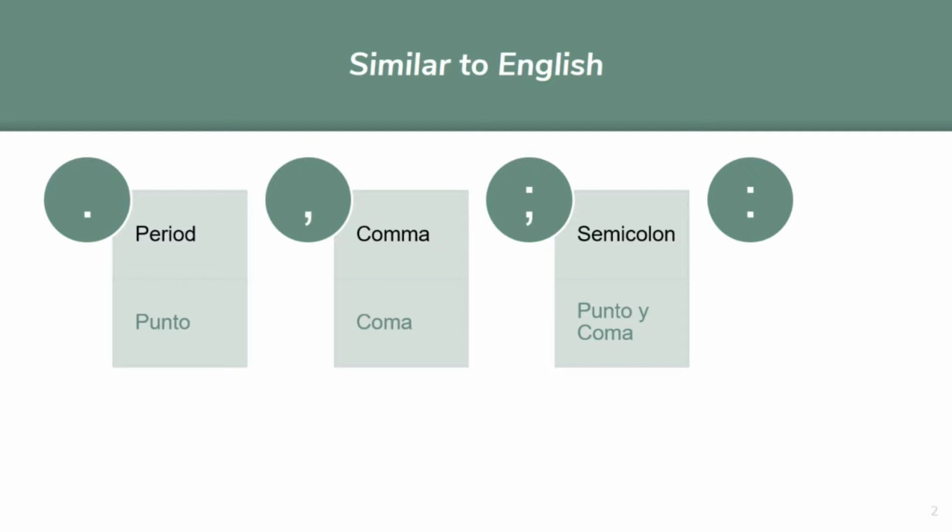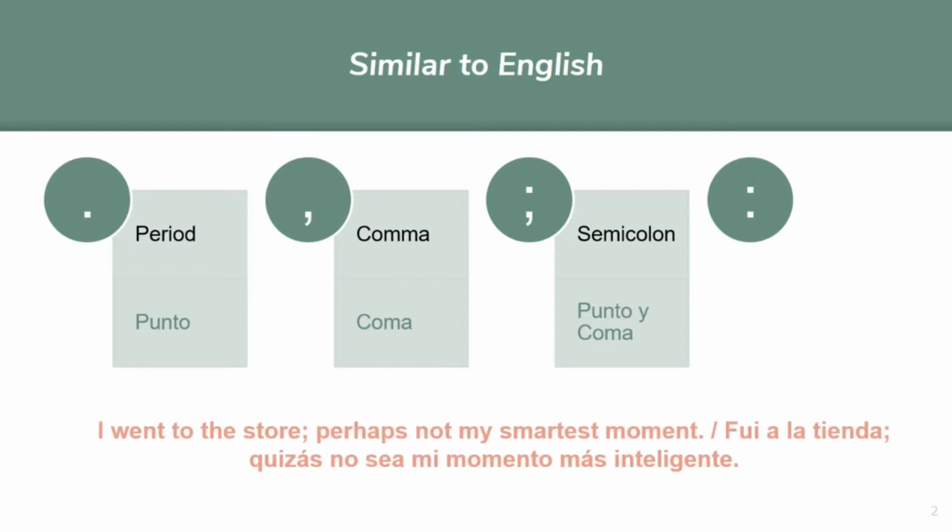And this is where you would use it when you're describing something in a sentence and then all of a sudden you have a bit of a soft stop and you change direction just a little bit or change the focus. That requires a semicolon. There's a lot of other rules that we can talk about, but for now, just use this as a general guideline. So for example, I went to the store, perhaps not my smartest moment. Fui a la tienda, quizás no sea mi momento más inteligente.